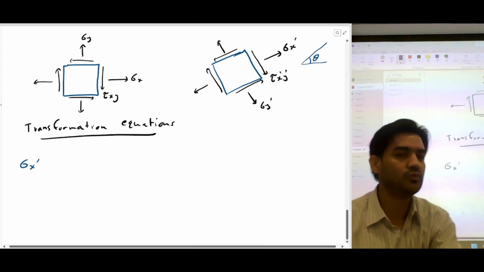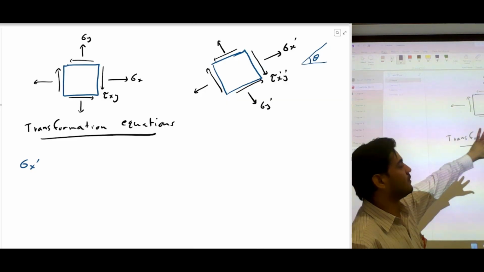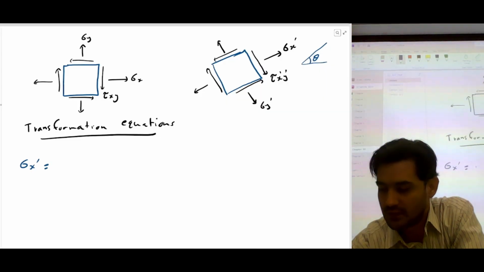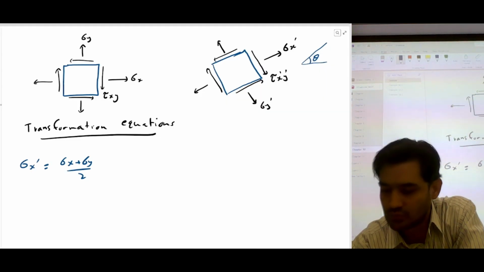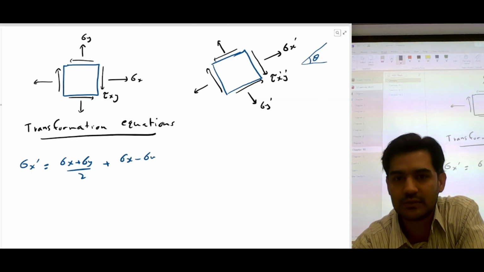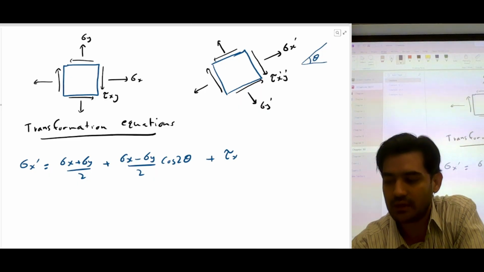If you want to find a new stress at a rotated stress element, then that's the equation. The equation is: stress x plus stress y divided by 2, plus stress x minus stress y divided by 2 times cos of 2 theta, plus tau xy times sine of 2 theta.